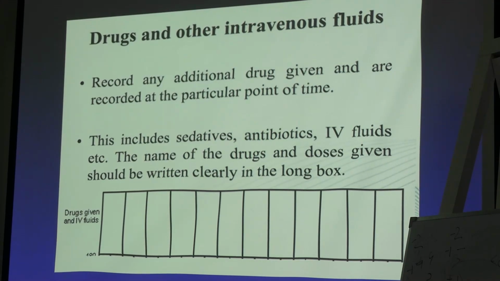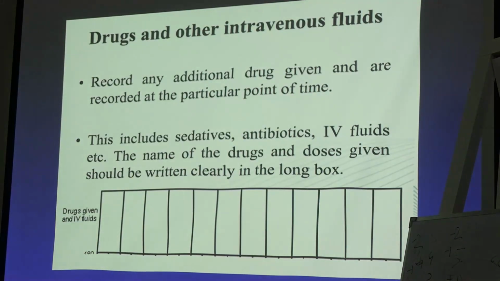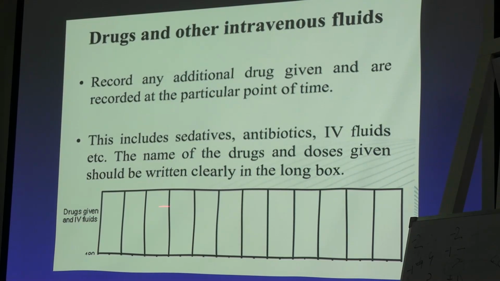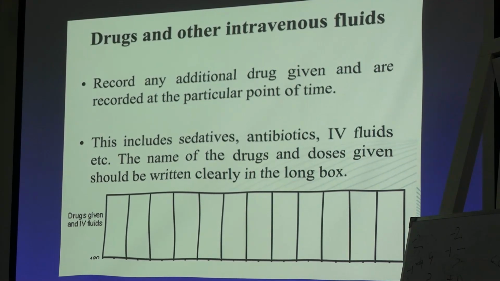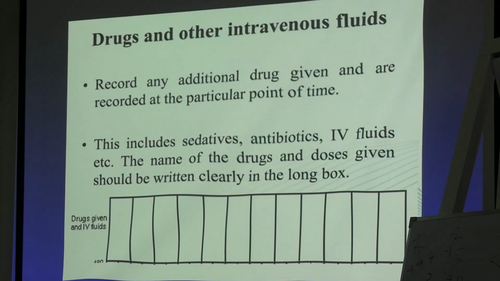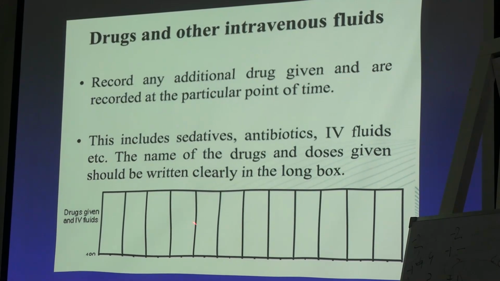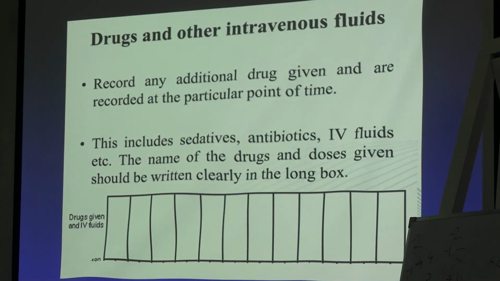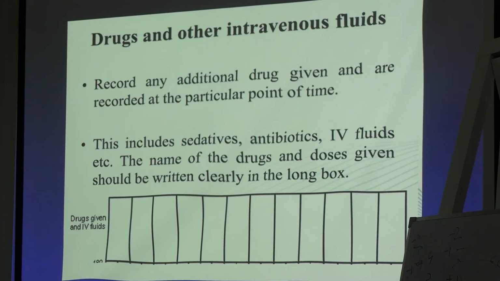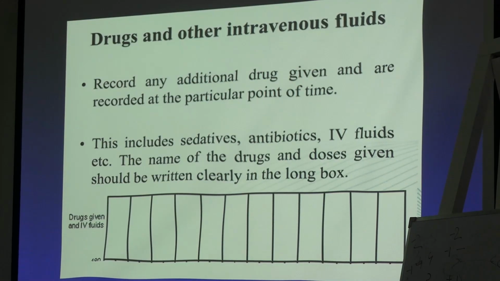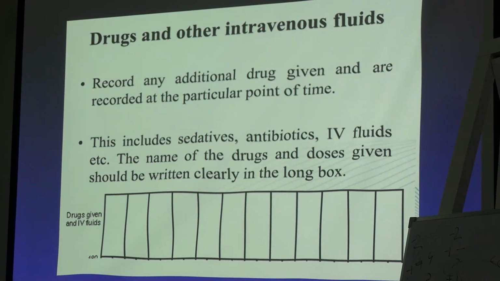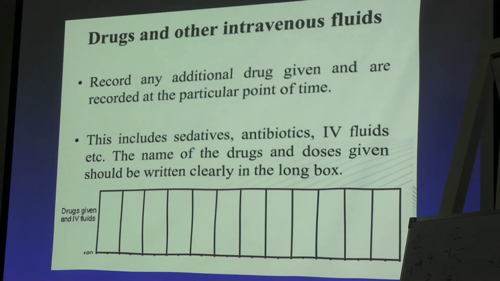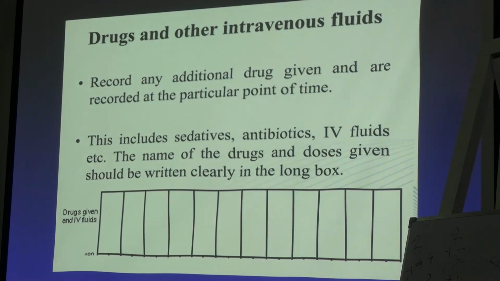Then comes the drug. Any drug given: suppose she was having pain and you have given an injection, or she is on an antihypertensive drug and you have given it. If labor is not progressing normally, suppose, as in the example, the patient was 6 centimeters dilated and after 2 hours the dilatation was the same, then to augment the labor, we can give oxytocin to increase the power.